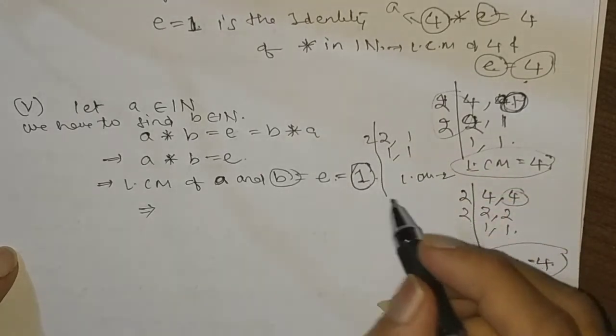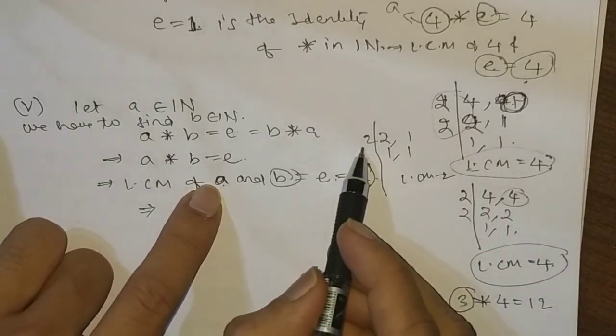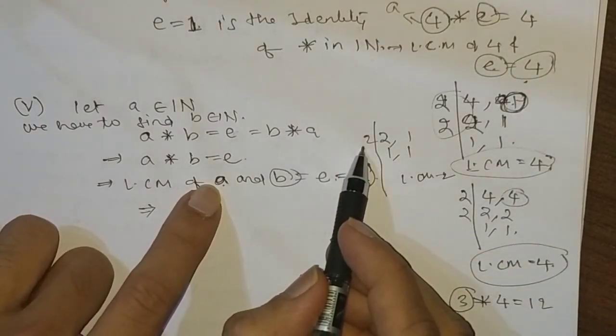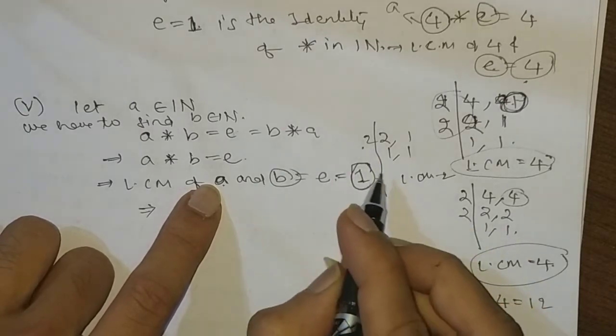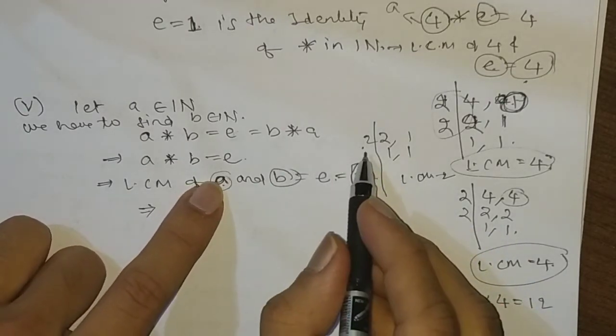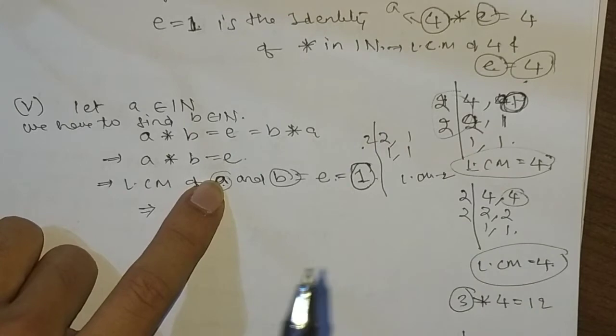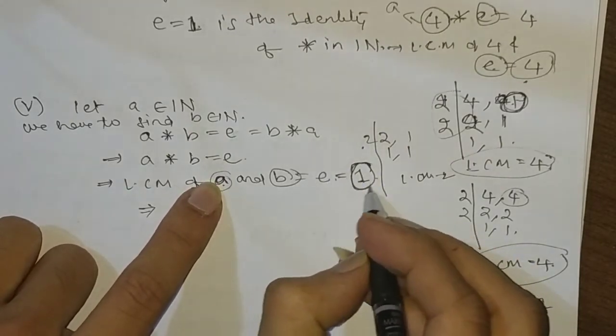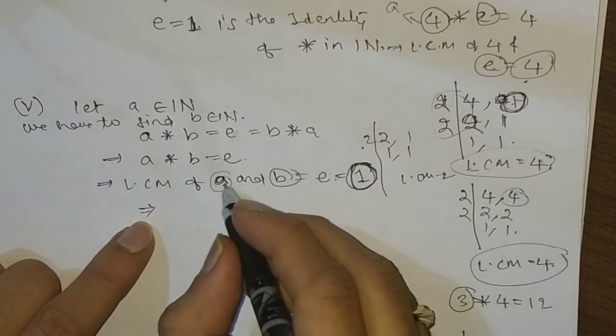So you won't get the number 1 here if you take A greater than 1.